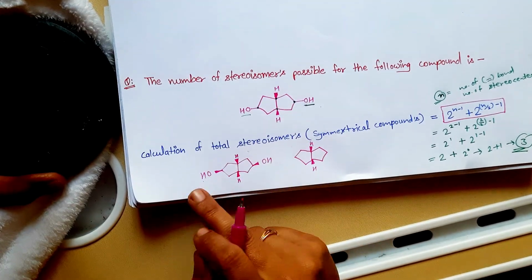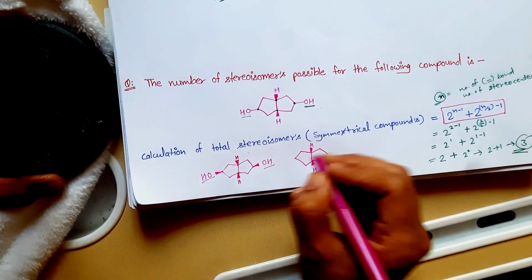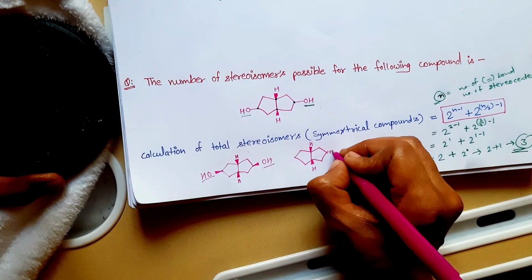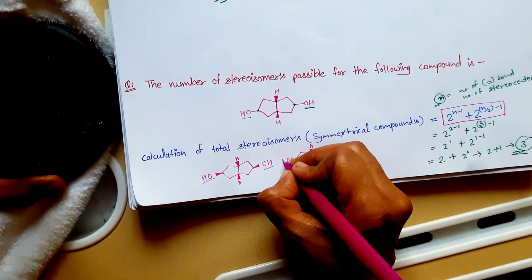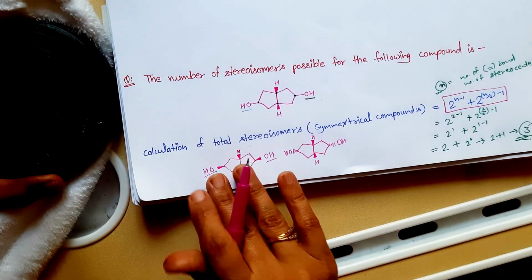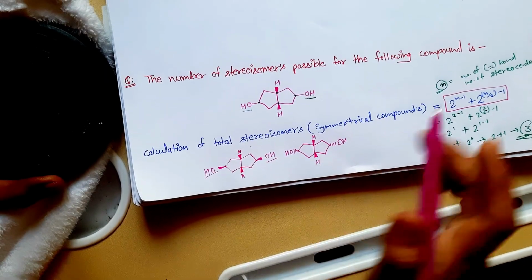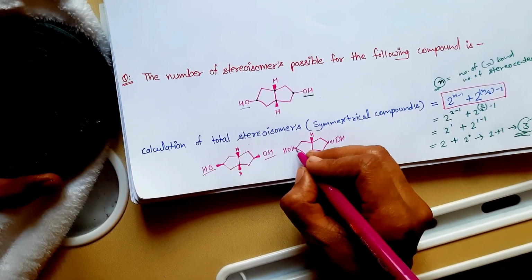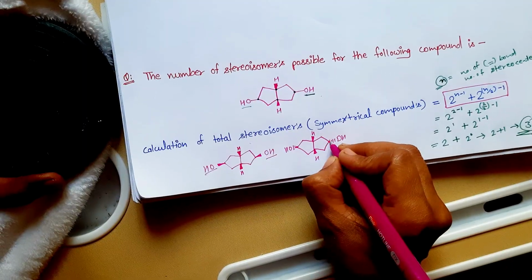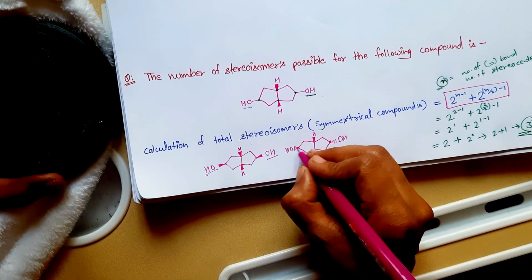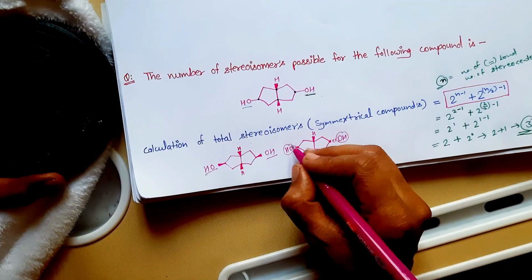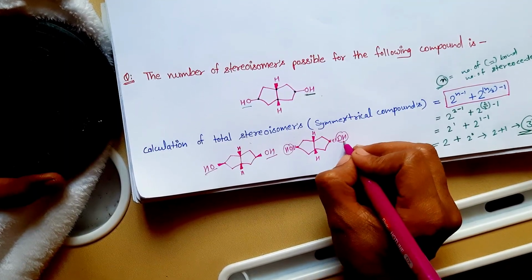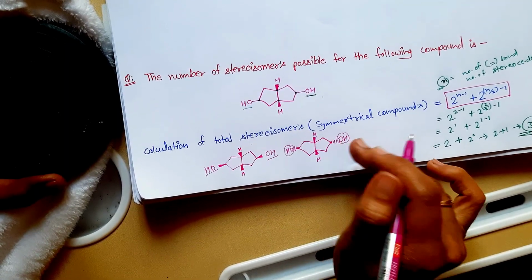Second, we take these hydroxyl groups on the dash position, meaning the downward direction. So this is our second stereoisomer. And third, we take one hydroxyl group in a wedge position, and the second hydroxyl group at the dash position.